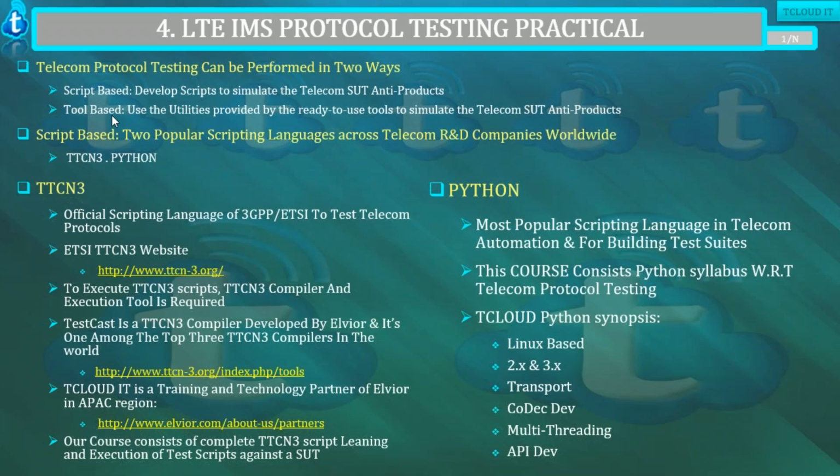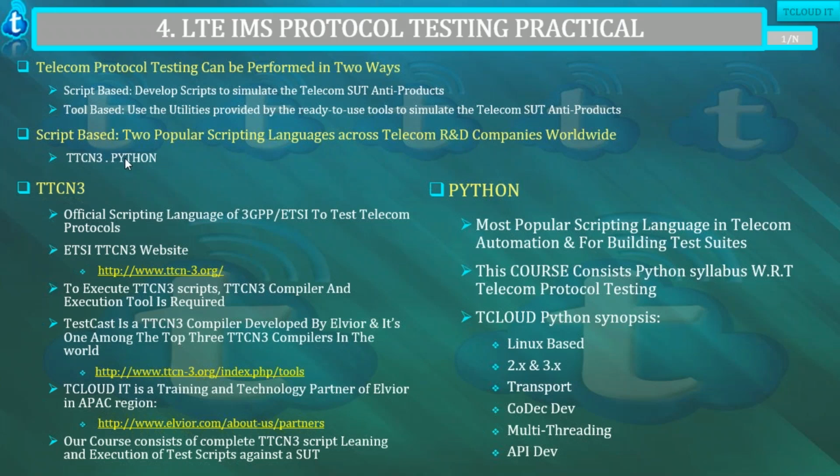The answer is we need to learn both, because 70 to 80% of the companies use script-based protocol testing mechanisms, and 20 to 30% of the companies use tool-based protocol testing mechanisms. Because we should not be losing any job, we must be able to understand both mechanisms. We should be ready to understand both so that you will not miss out on any opportunity or any interview you attempt. Okay, great.